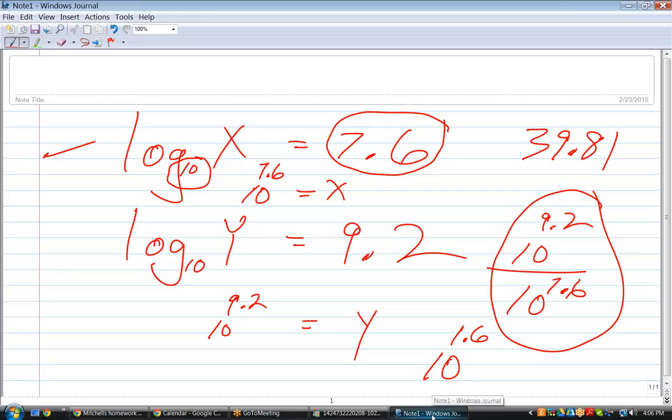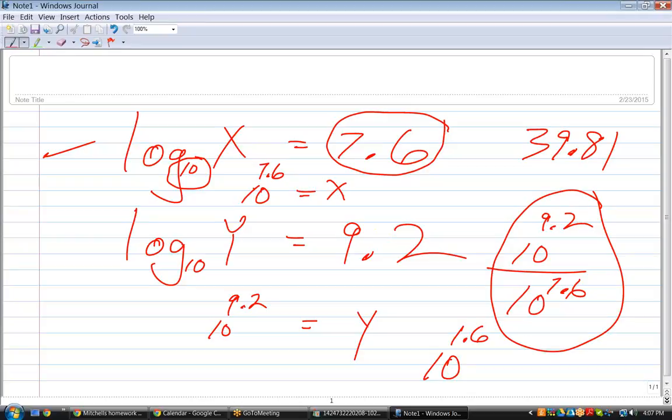Could it be the log of 7.6 equals x and the log of 9.2 equals y? Let's see. That would mean no. This is the way to do it.